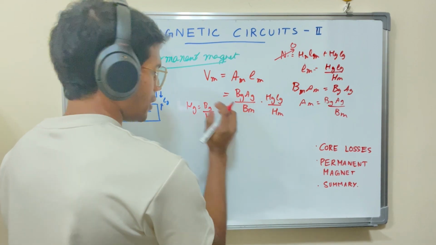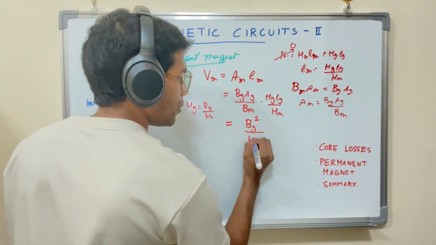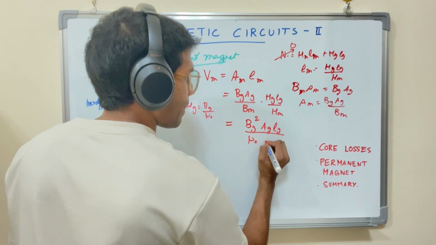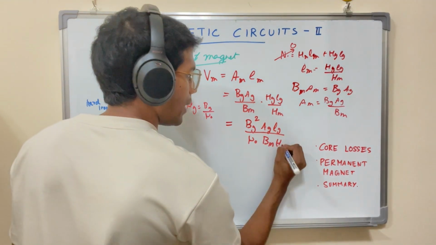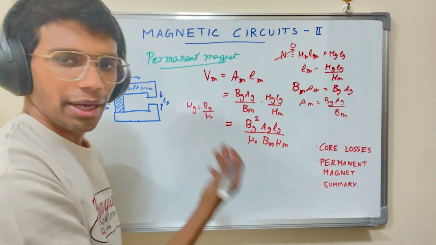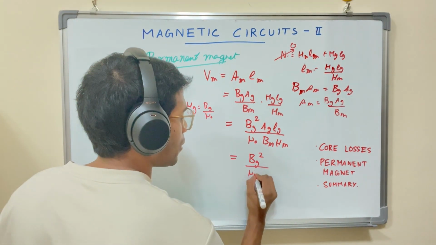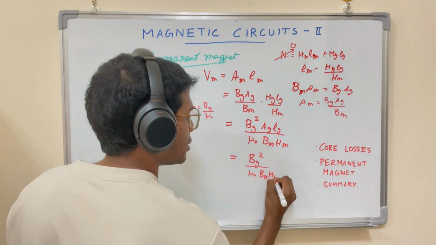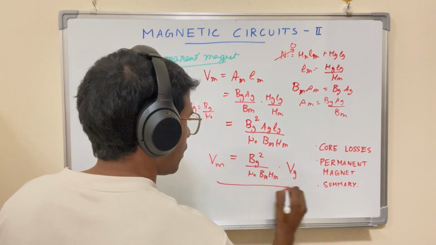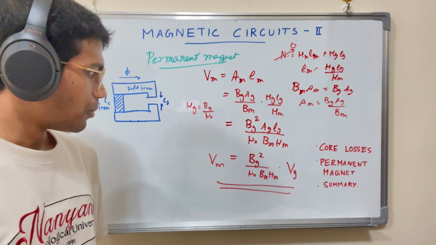So here we could just use this formula to give us Bg squared upon mu naught Ag Lg upon Bm Hm. And AGLG gives us the volume of the air gap, so we could use it as Bg squared upon mu naught Bm Hm times Vg equals Vm. And this is how you find the volume of the permanent magnet.